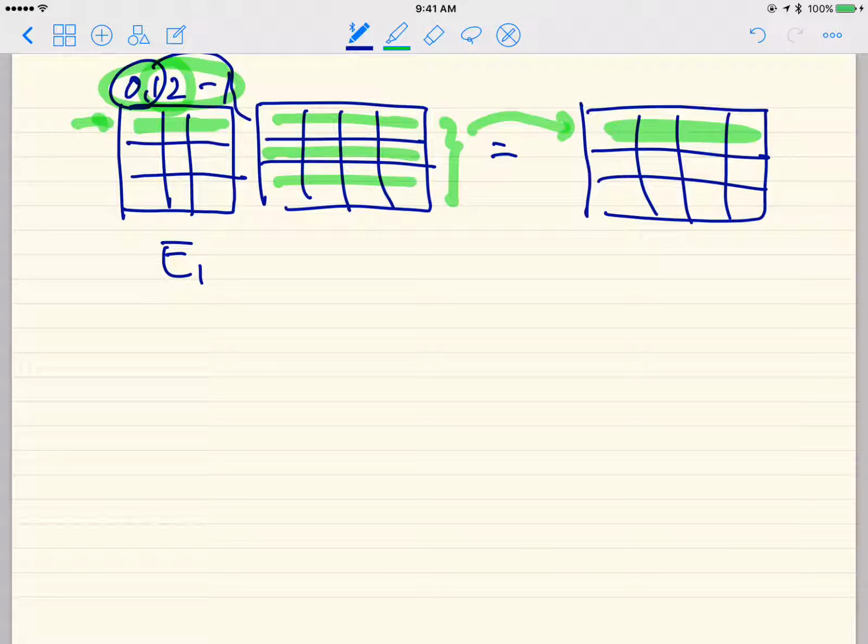And for each of these row reductions, or each of these elementary matrices, we can always think about its inverse transformation or inverse matrix. So the point that I wanted to make now is that each elementary matrix is invertible.